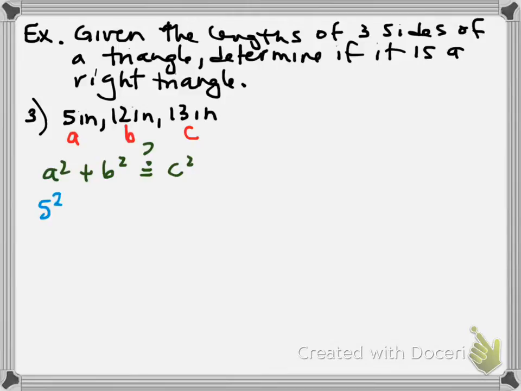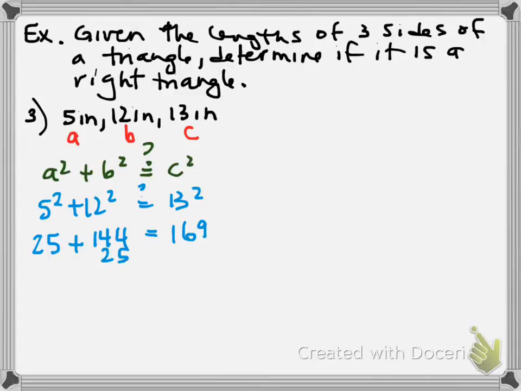So 5 squared plus 12 squared, does that equal 13 squared? So what's 5 squared? 25. What's 12 squared? 144. What's 13 squared? What is it? 169. So let's add these guys here.